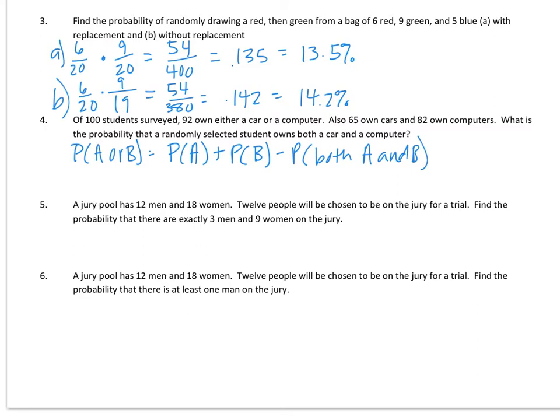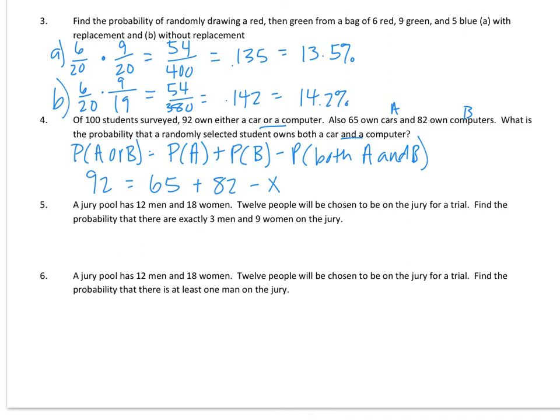So the 92 is the OR. So the 92 goes here. A, I'm going to call the cars. B, I'll call the computers. Minus how many own both a car and a computer? Well, that part we don't know, so I'm going to subtract x.